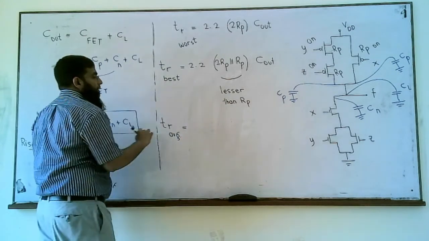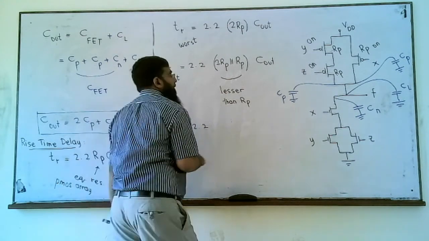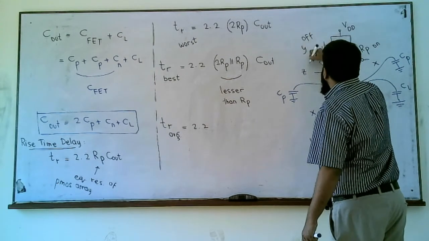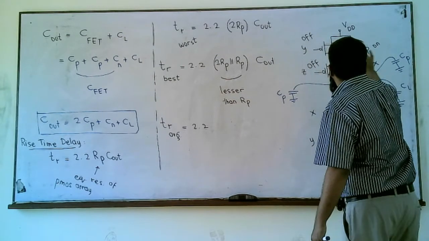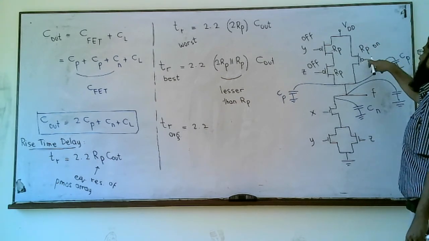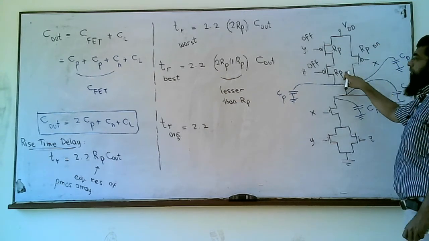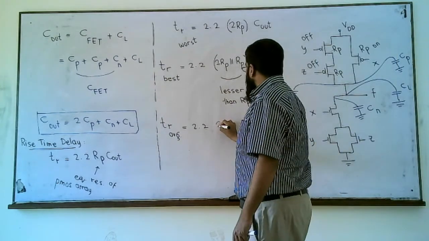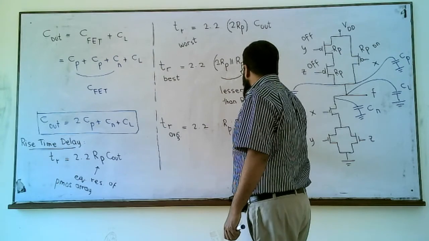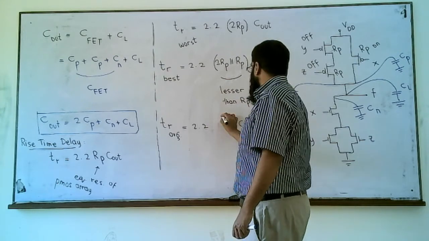And there would be an average rise time delay. This delay is offered by this PMOS array when only this transistor is on, offering Rp, and these two transistors are off. So that would be just 1 Rp Cout.